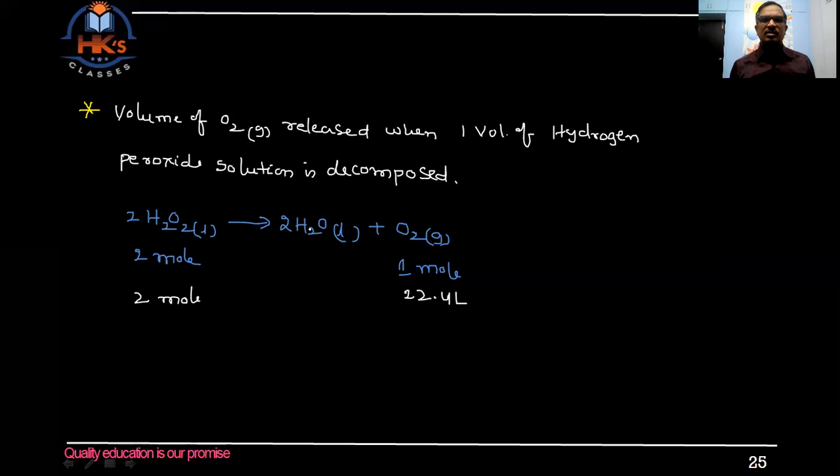Now, to understand volume strength, I am converting moles into mass of hydrogen peroxide, where 2 moles is 2 into its molecular weight of 34 grams. That means 2 into 34 grams of hydrogen peroxide will give 22.4 liters of oxygen at STP.